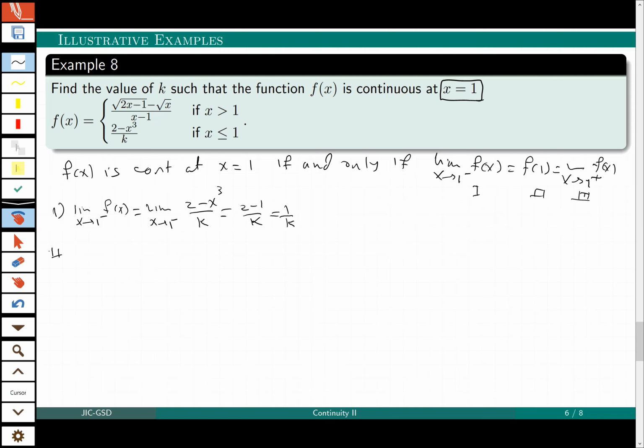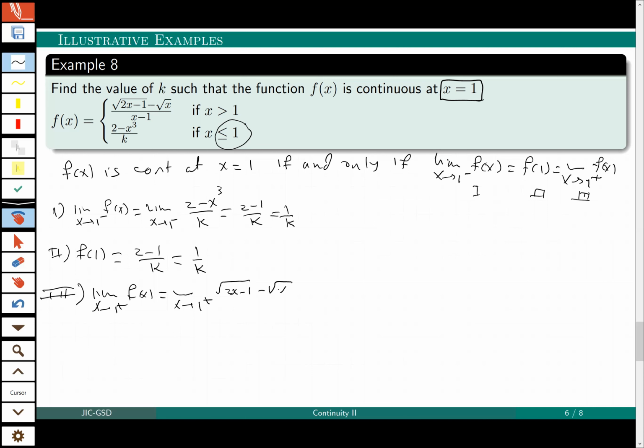The second, we need f at 1, and f at 1 when x equal to 1 again will be 2 minus 1 over k. I get 1 over k. The third condition, the limit when x goes to 1 from right, meaning more than 1, so I will have root of 2x minus 1 minus root x divided by x minus 1.